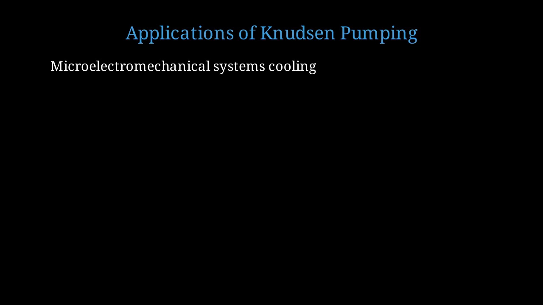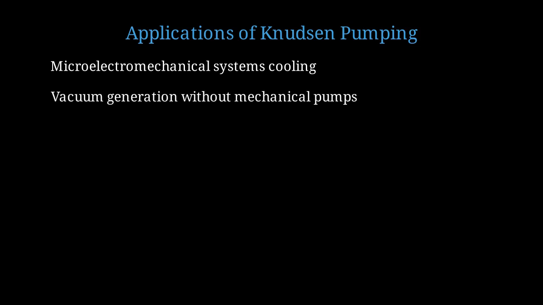Now let's discuss practical applications of this fascinating phenomenon. Where can we use Knudsen pumps? One major application is in microelectromechanical systems, or MEMS cooling. Tiny chips can use Knudsen pumps for thermal management. Knudsen pumps can generate modest vacuums without any mechanical pumps. This is valuable in portable devices.